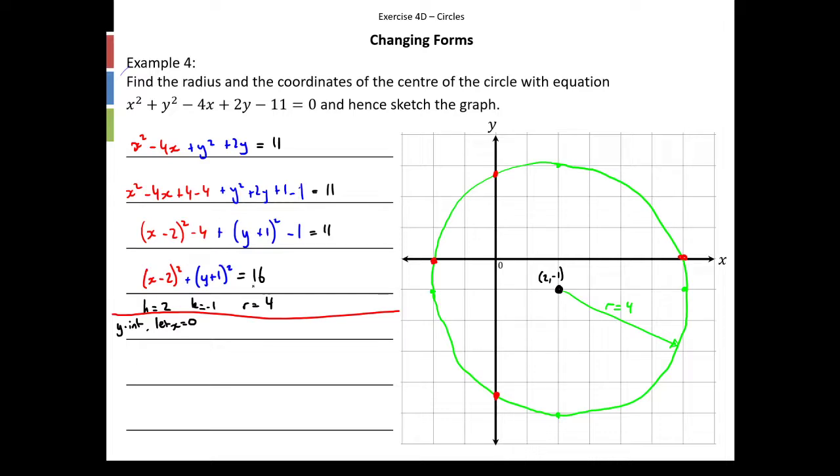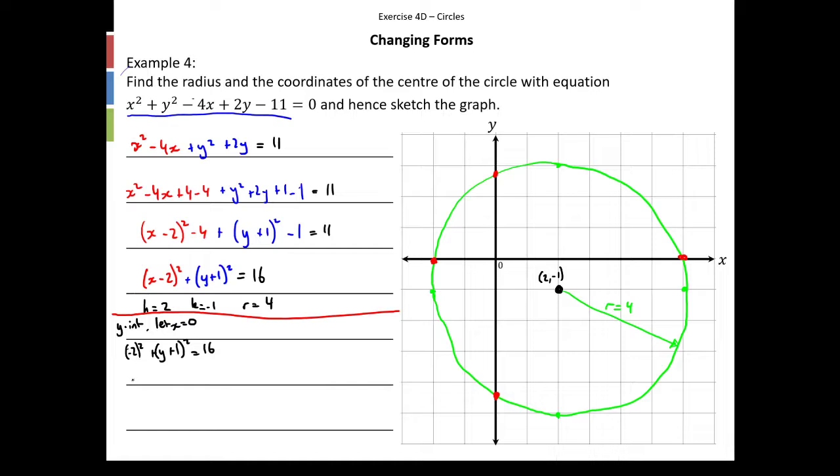No. We'll use this form. That works out easier. You could use this form. You could substitute it into it but you then sort of end up needing to factorize anyway. So use this form. It makes it a little bit quicker. So we're letting x equal 0, so we get -2 squared plus y plus 1 all squared equals 16. So that's 4.